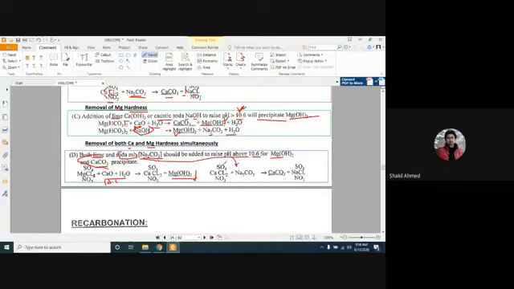So if you have calcium sulfate, calcium chloride, or calcium nitrate, whatever, and your pH is above 9.4, which is 10.6 here, you'll get calcium carbonate and sodium chloride or whatever relevant form. And calcium carbonate is least soluble, so it will precipitate out of water. That's how you remove magnesium hardness and calcium hardness simultaneously from water. Clear?